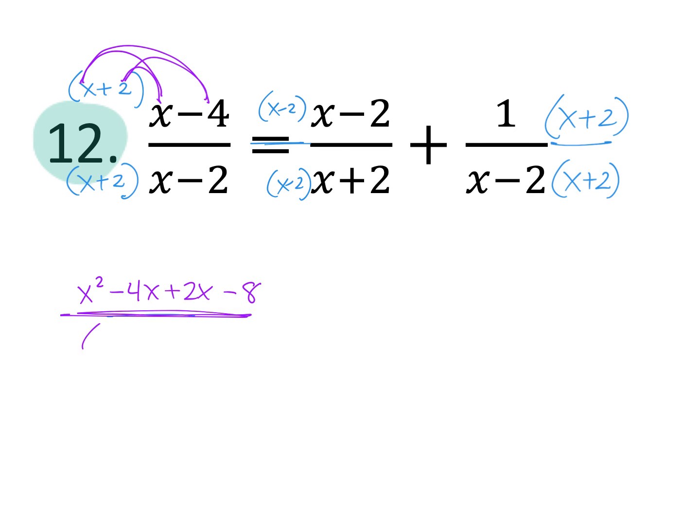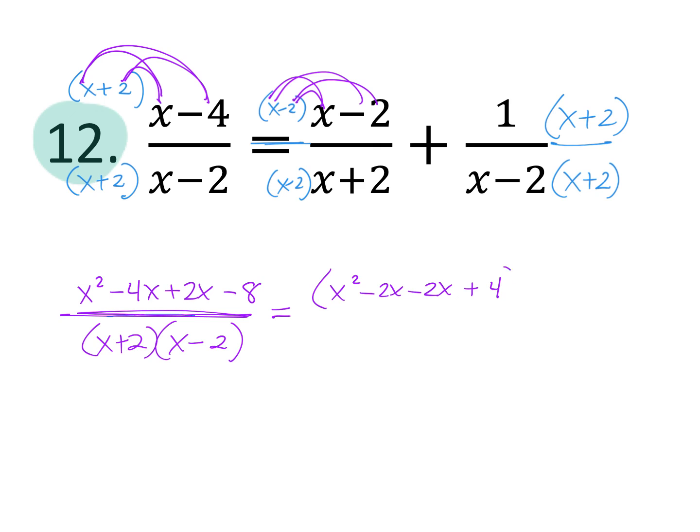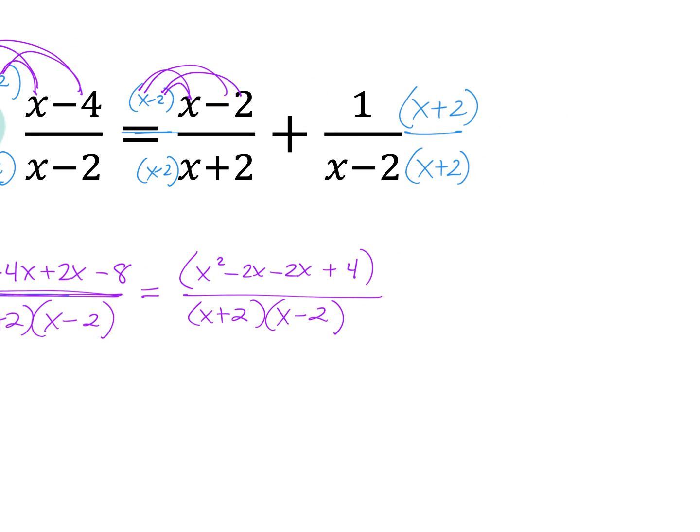Okay, so that's my left side over x plus 2 times x minus 2 equals, now here, if I FOIL this, x squared minus 2x minus 2x plus 4, right? That over x plus 2 times x minus 2. Okay, and then we're adding to it. If you FOIL the 1, it's just x plus 2 over x plus 2 times x minus 2.